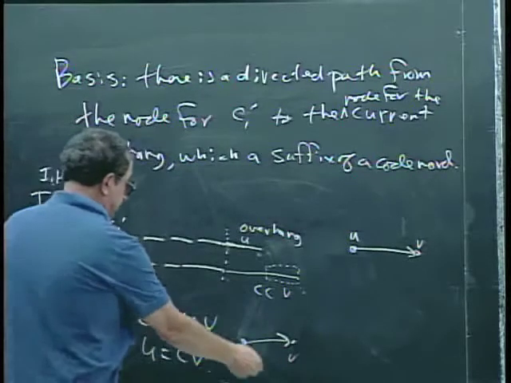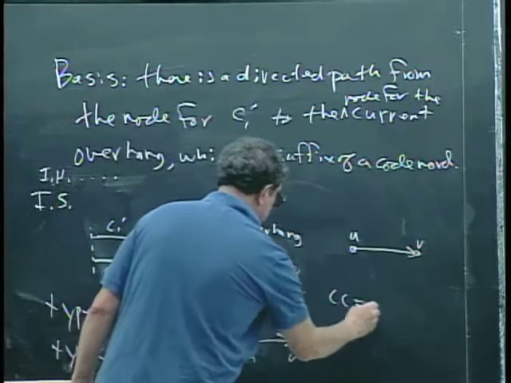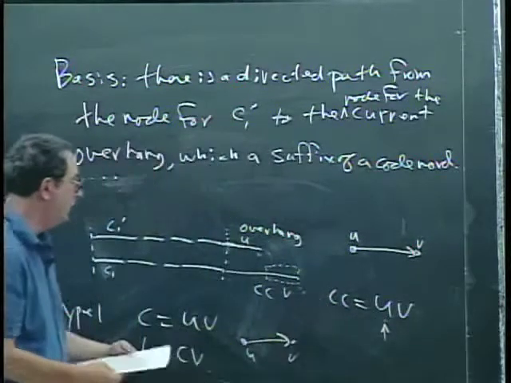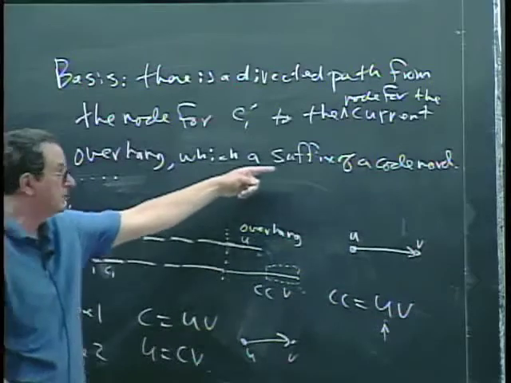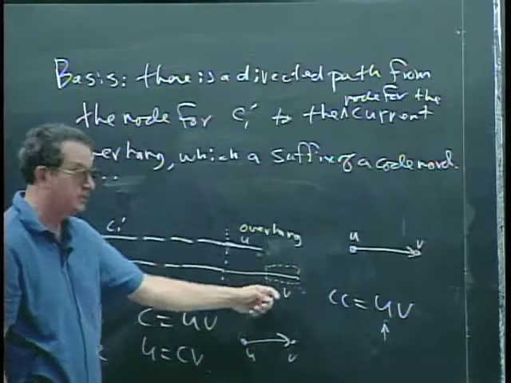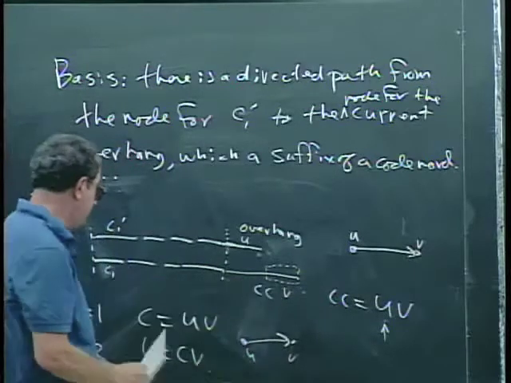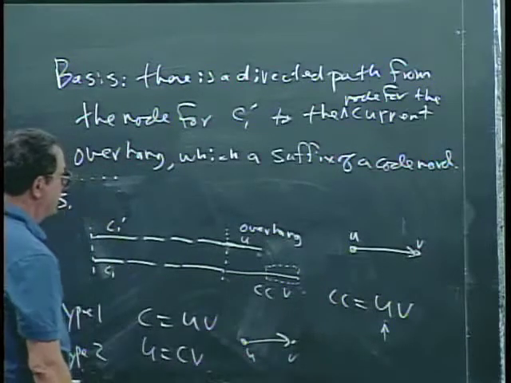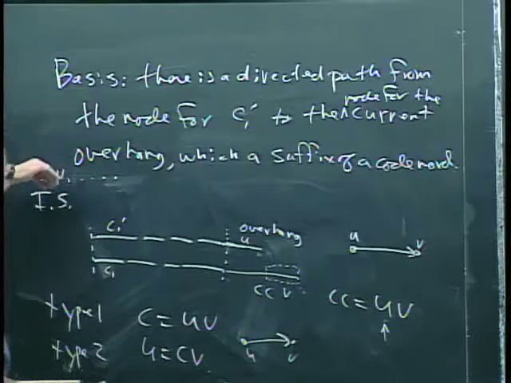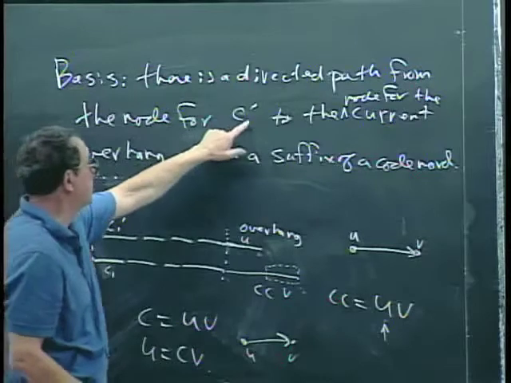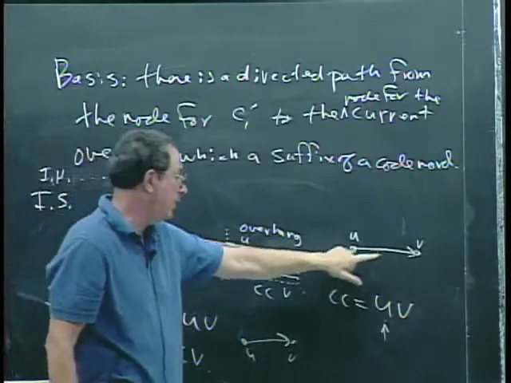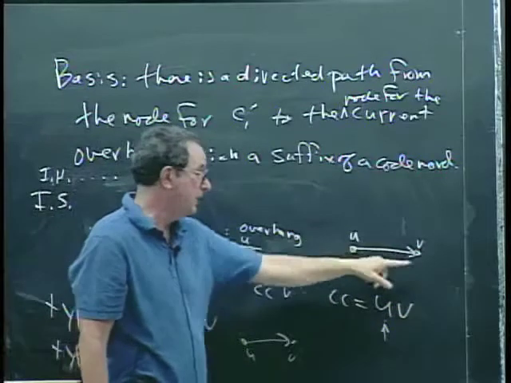So here we have CC equals UV, where U is the current overhang, and therefore it's a suffix of a code word. V is certainly the suffix of a code word because it's the suffix of CC. And so that's a type 1 edge in the graph, and therefore what do we have? We had inductively a directed path from C1 prime to the current overhang, which is U. And now we have this additional edge in that path.